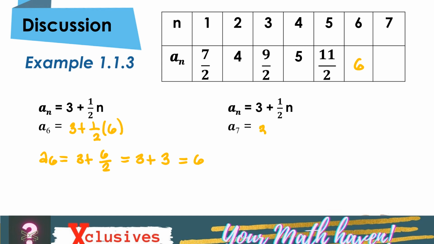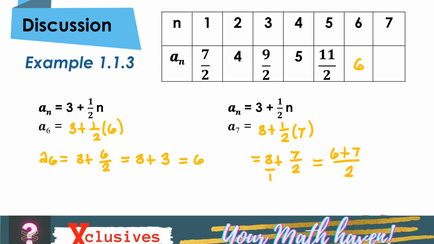A sub 7 is equal to 3 plus 1 half times 7 equals 3 plus 1 times 7 is 7/2. In this case, we cannot divide 7 by 2. So it's impossible to directly add a whole number and a fraction. So let's get first the LCD, which is 2. 2 divided by 1 is 2 times 3 is 6.